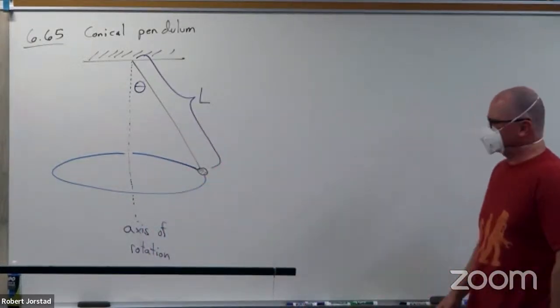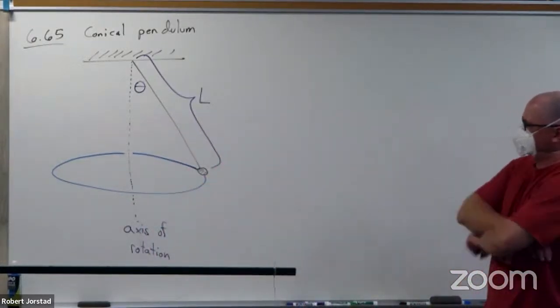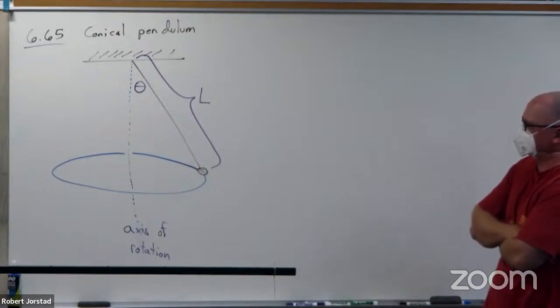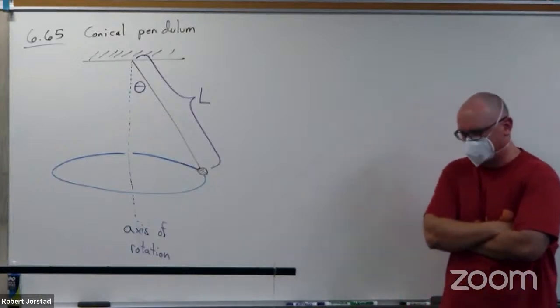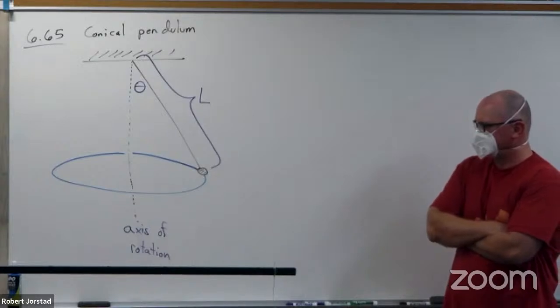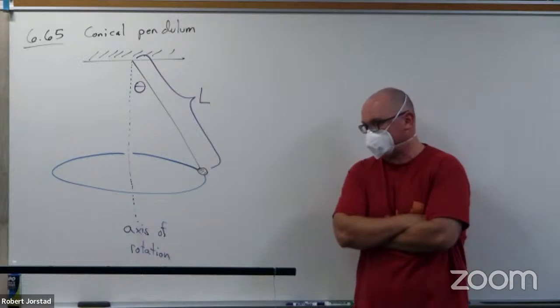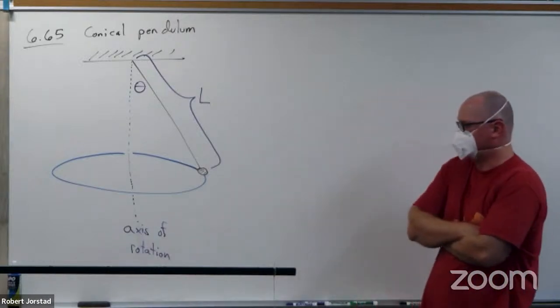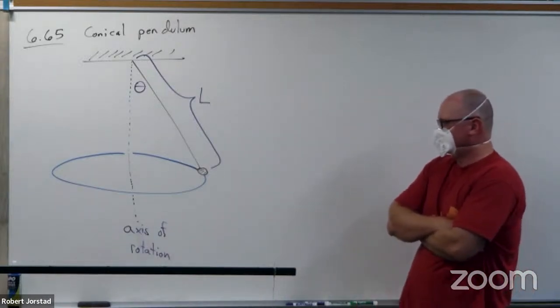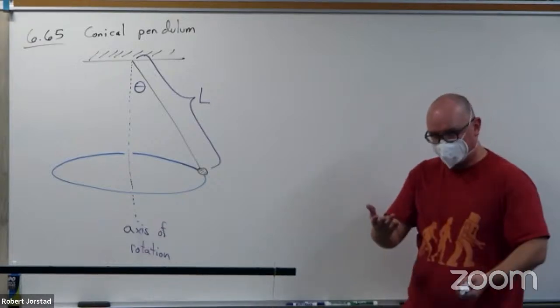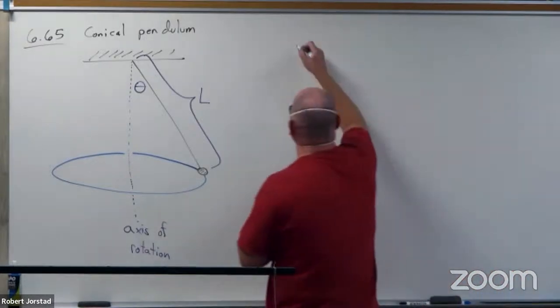When we're doing this, let's say I want to learn about this problem. If I wanted to analyze this situation, what's something I could do in general? Draw an FBD. That's a great start.